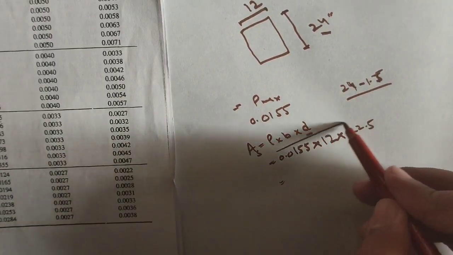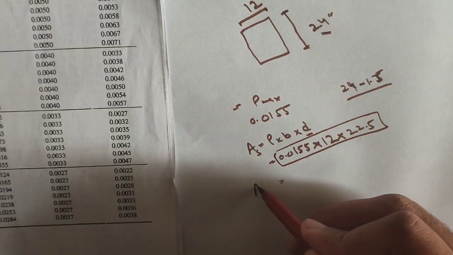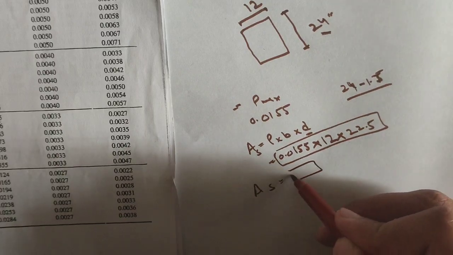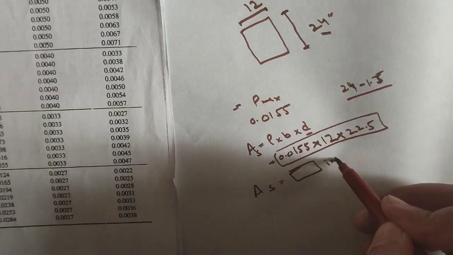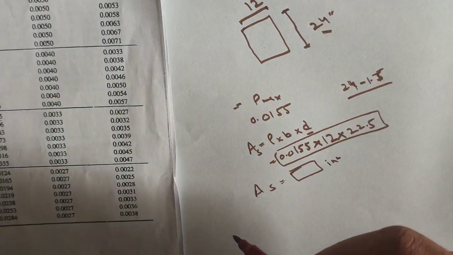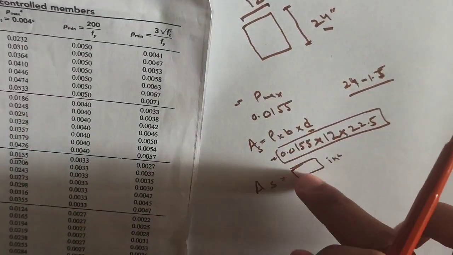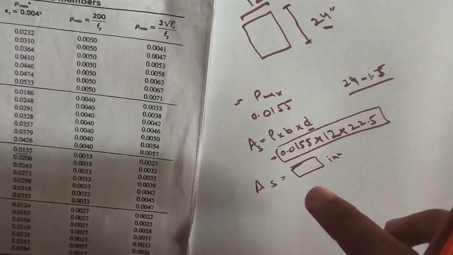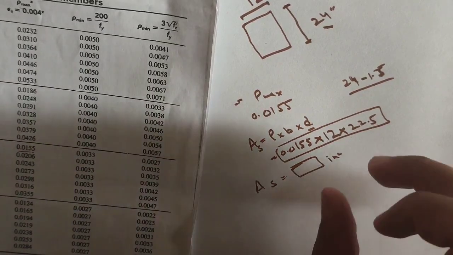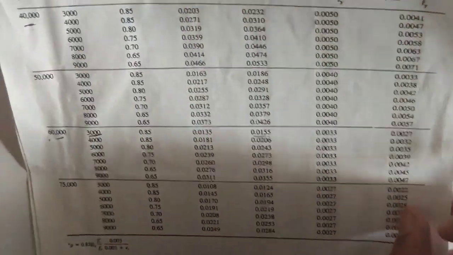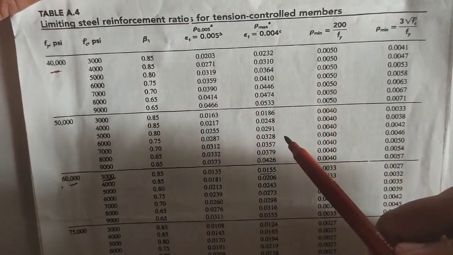By calculating this value, I will get my area of steel in square inches, because these values are in inches. So this area will be the maximum area that I can put in my beam. So this was the maximum reinforcement.